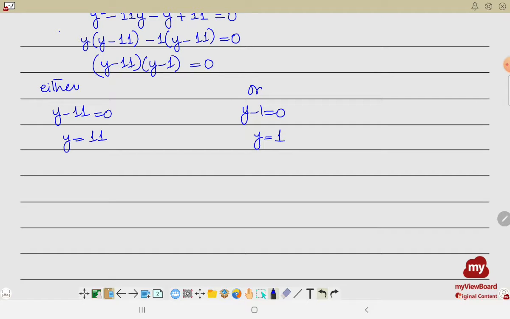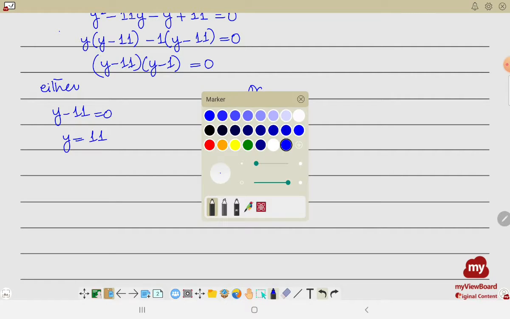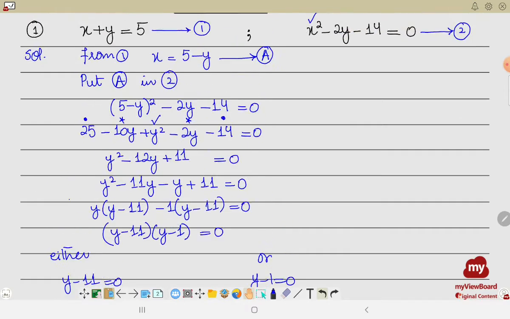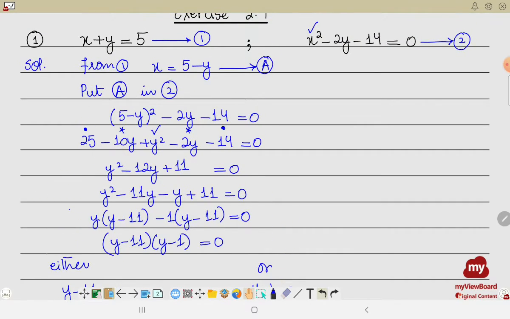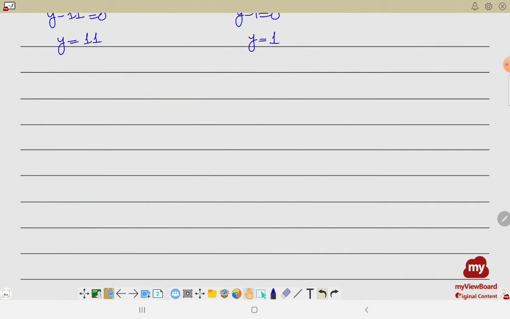Now for these two values of y, we are going to find out the value of x. So we'll insert these values one by one in the equation which we have named A. So let's insert y is equal to 11.